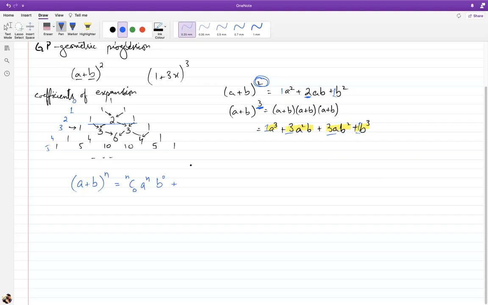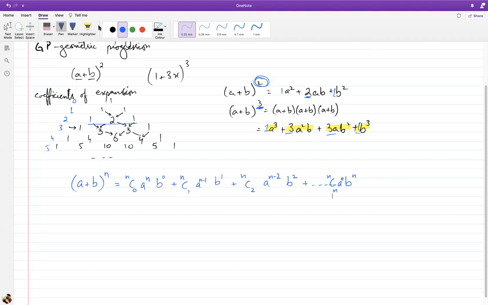You will see a pattern as I increase it. So n coefficient 1, a to the power n minus 1, b to the power 1. Similarly, n coefficient 2, a to the power n minus 2, b to the power 2. You keep on doing this until you get to b to the power n, a to the power 0, n coefficient n.